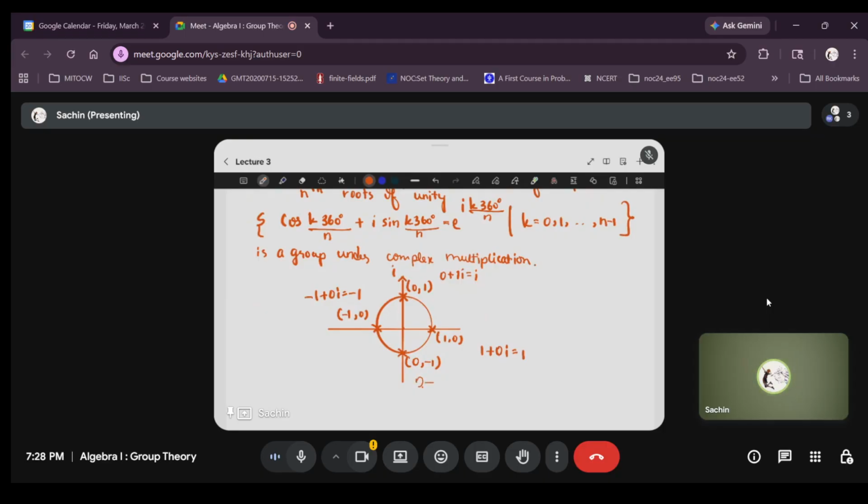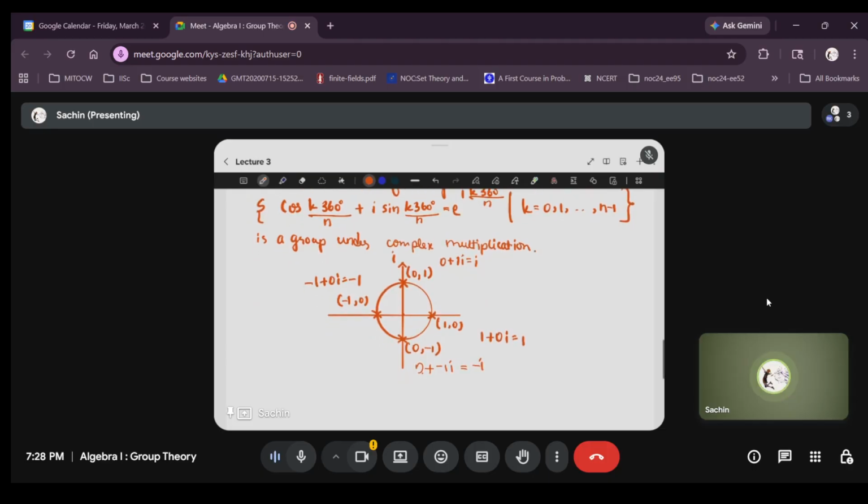So 0 plus minus 1i, which is minus i. So those are the fourth roots of unity. This is the real axis, this is the imaginary axis.